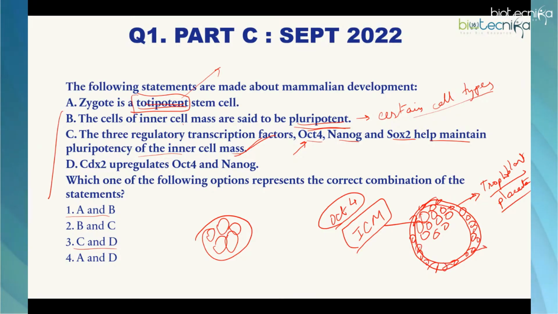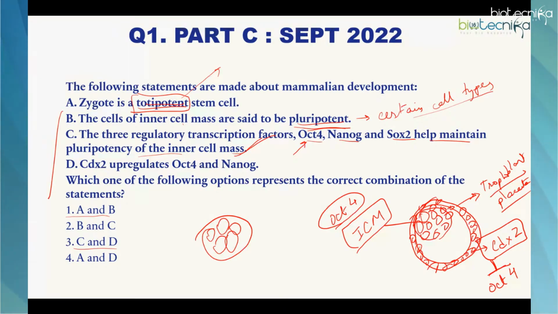Why is it so? Because trophoblast cells start expressing another factor called CDX2, and CDX2 is responsible for inhibiting OCT4. This sign is for inhibition. CDX2 inhibits OCT4, and that is why you don't have OCT4 in the trophoblast. It is restricted only to the inner cell mass.